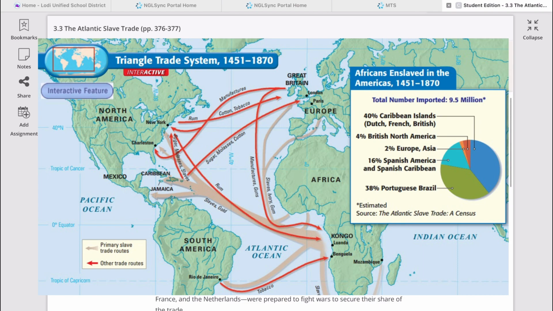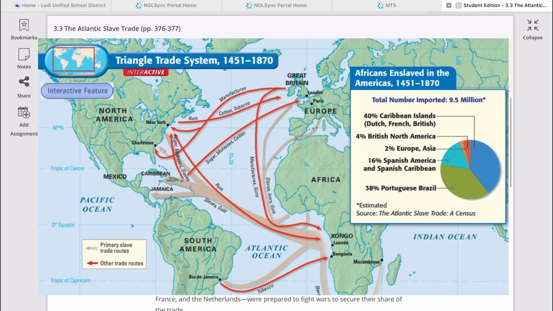So these trading posts formed part of the transatlantic trading network known as the Triangular Trade. On the first leg of the triangle, European ships carried cheap manufactured goods to West Africa, where they were used to buy slaves.